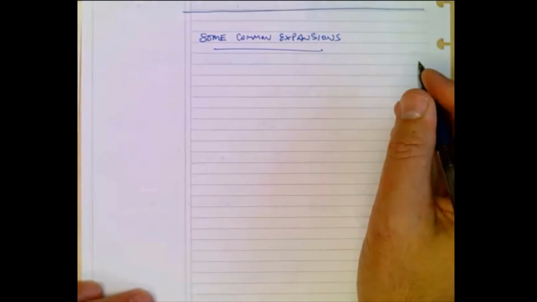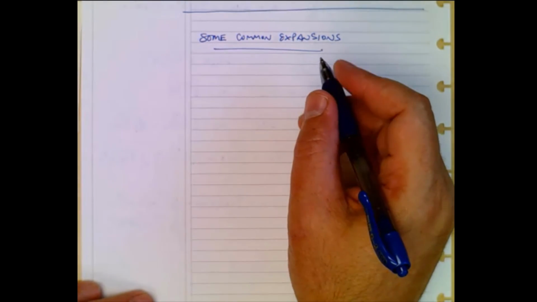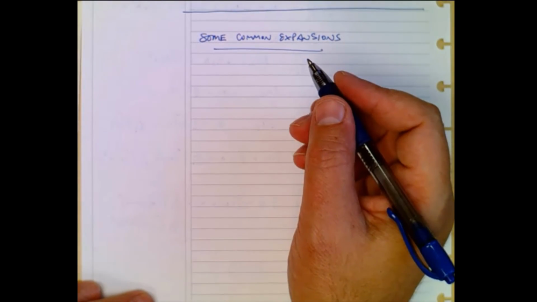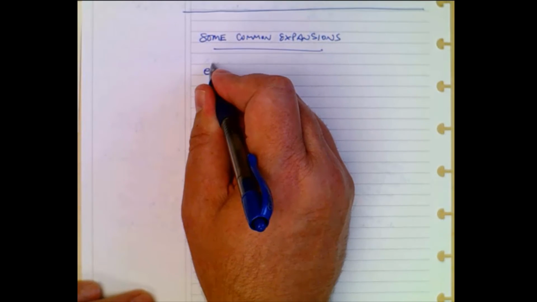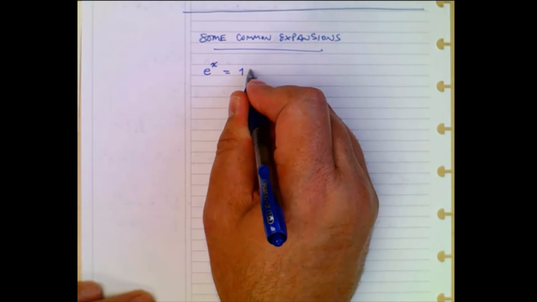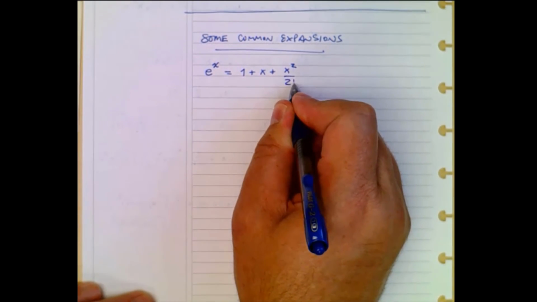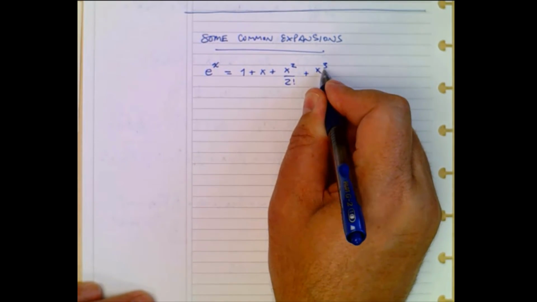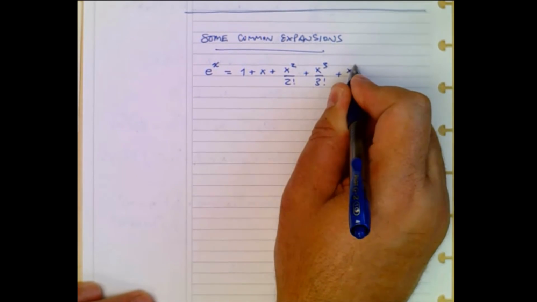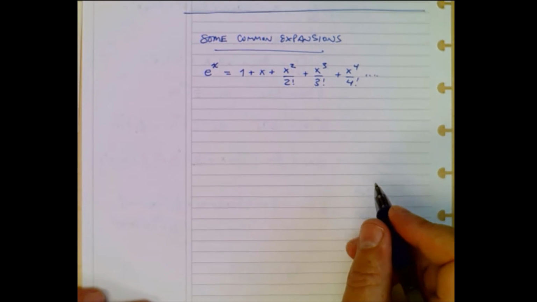Some other common expansions that we run into and that are worth knowing, although you can always calculate them, right, would be e to the x. Well, e to the x is 1 plus x plus x squared over 2 factorial plus x cubed over 3 factorial plus x to the 4th over 4 factorial, and so on.